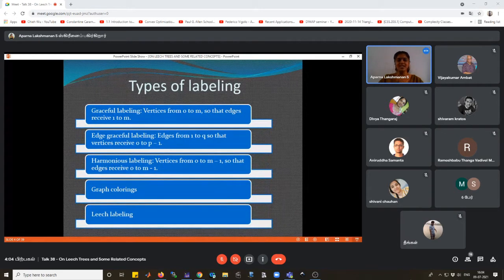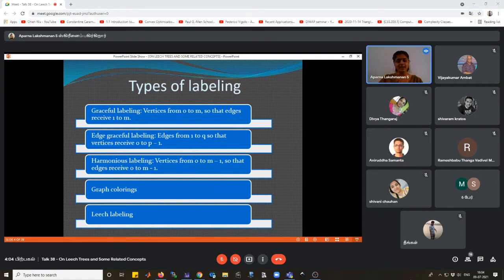There are a handful of well-known labelings. The first one must be graceful labeling, famous among all graph labelings. In graceful labeling, we are labeling vertices using values from 0 to m, where m denotes the number of edges. When we give values to these vertices, that automatically induces a labeling on edges, and those labels must be from 1 to m. That is the condition.